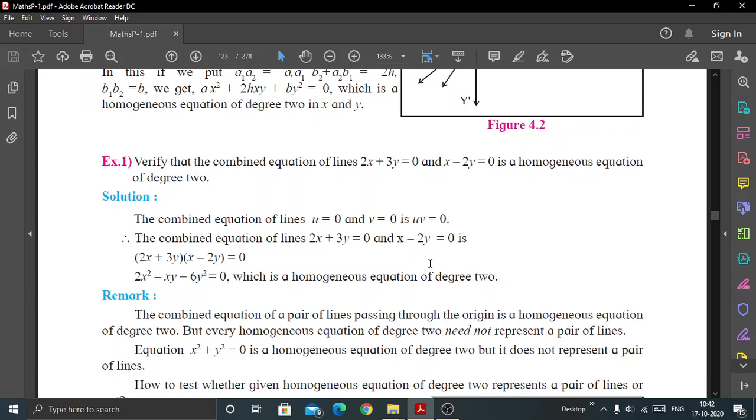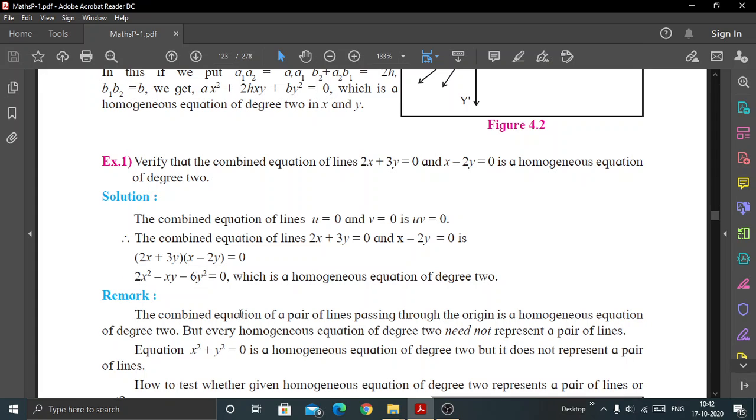Now multiply these two equations. (2x plus 3y) into (x minus 2y) equal to 0. After multiplication we get 2x square minus xy minus 6y square equal to 0, which is a homogeneous equation of degree 2. See here, observe every term: you get the degree is 2.